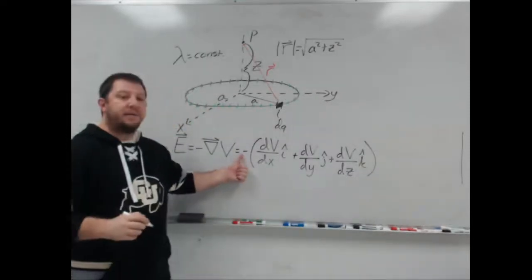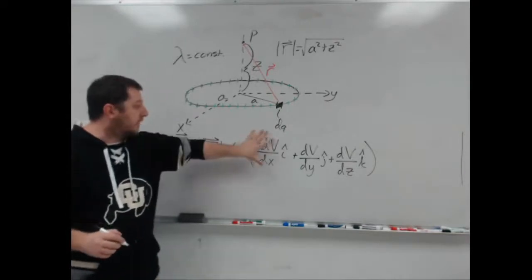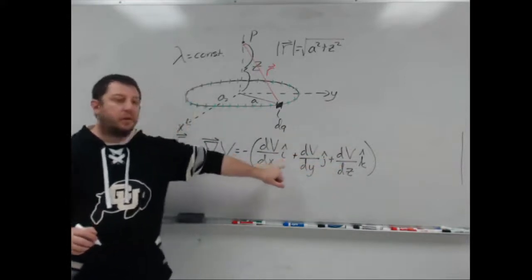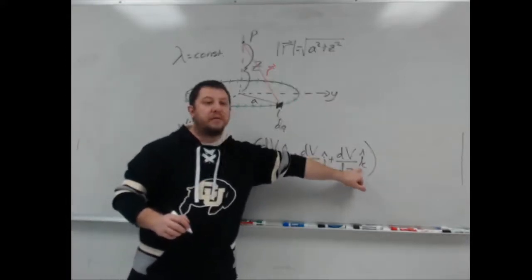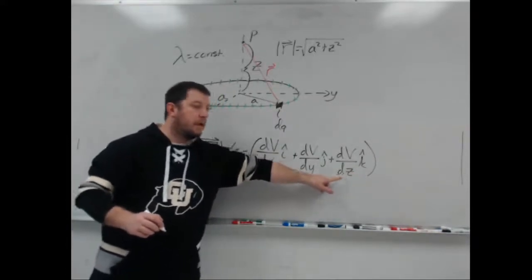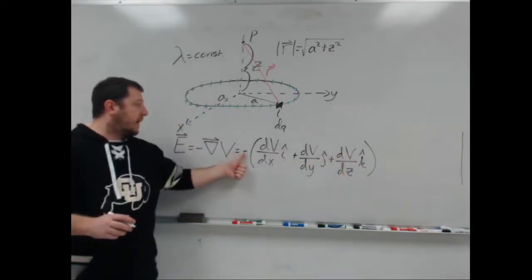And then you have your negative sign out front. Okay, so the gradient operator just says take your derivative in each direction, attach your unit vectors according to the direction you're taking your derivative in, and then add that up vectorially and attach your minus sign.